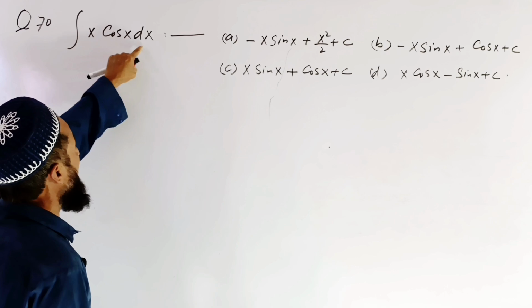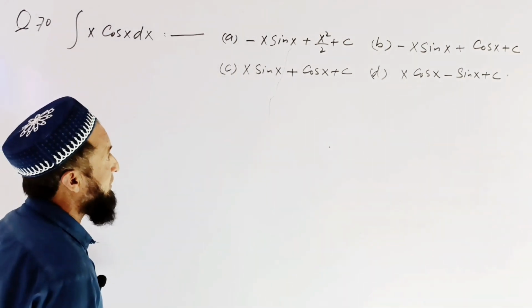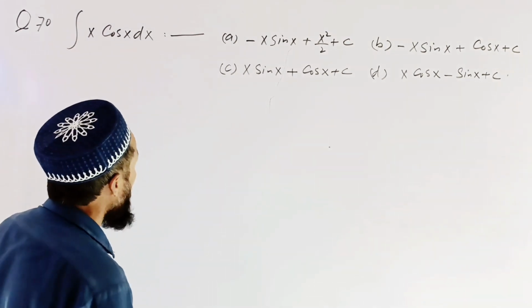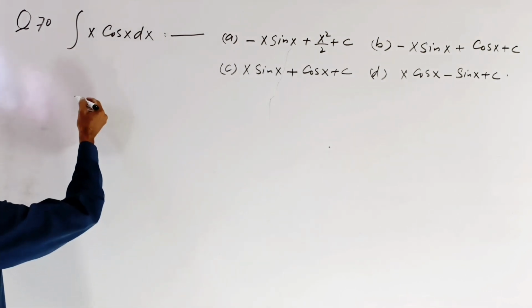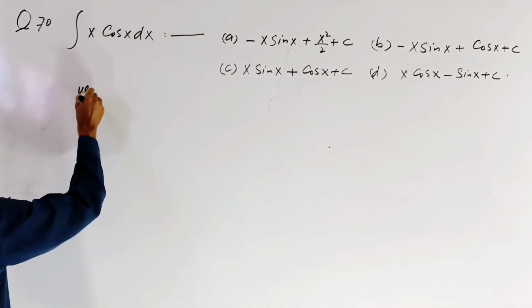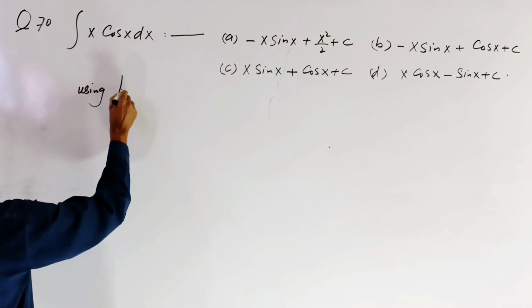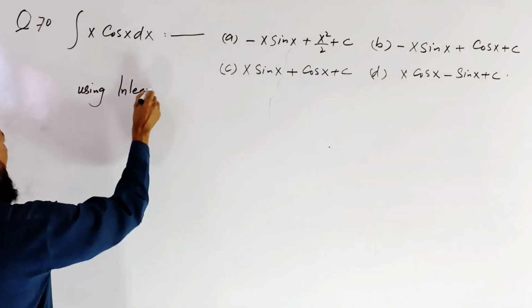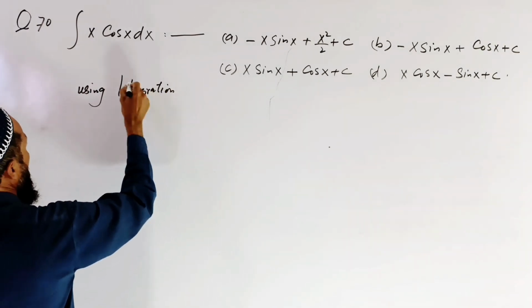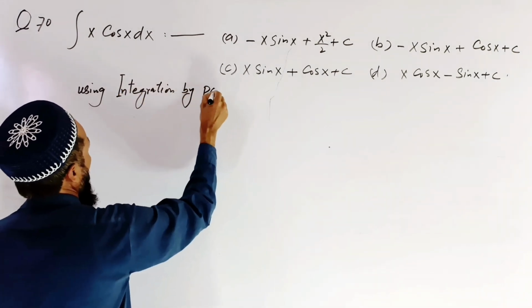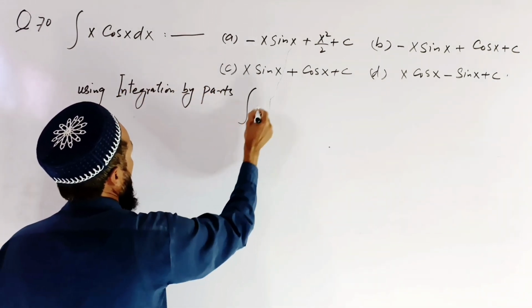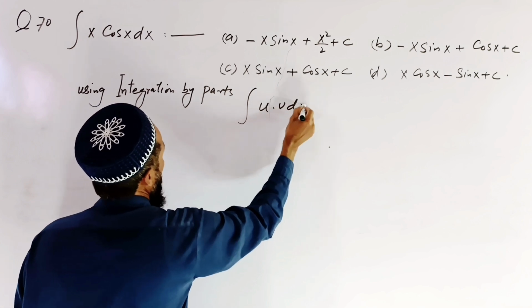Integration of x cos x dx. What is the result? So we use here the formula for integration by parts, integration of u dot v dx.